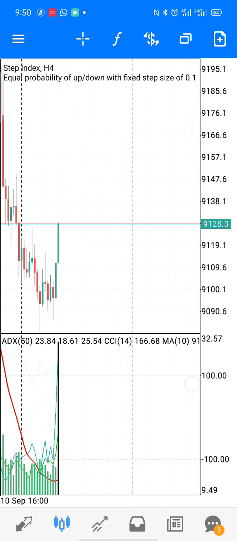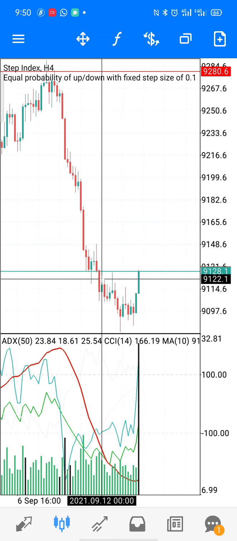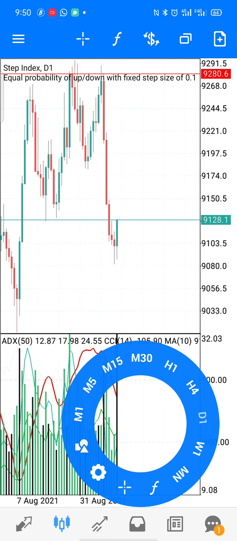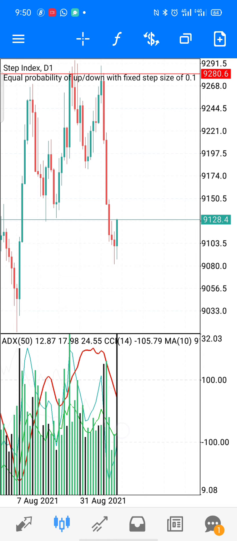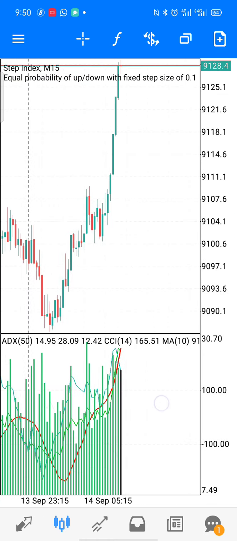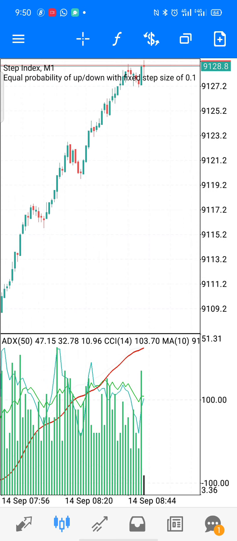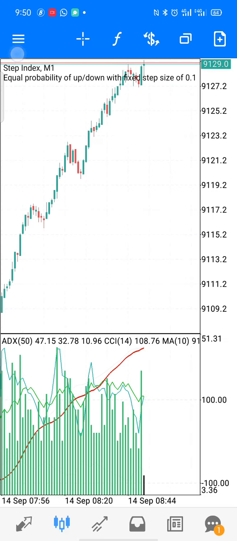Guys, Step Index. I want to buy Step Index, guys. Watch the way I'll scalp Step Index.